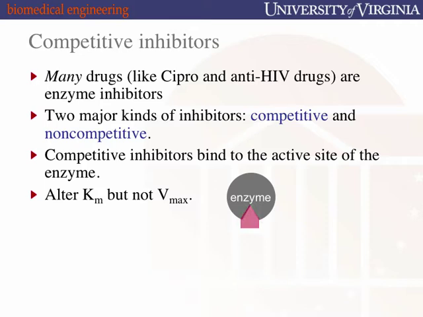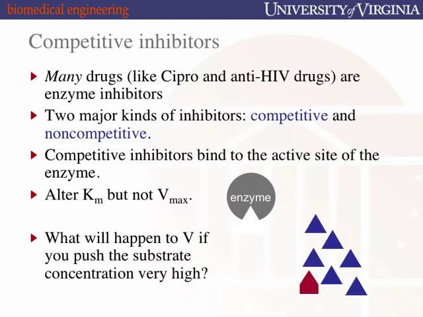All right. So one way to answer this as well is: what will happen to V, to the velocity of this reaction, if we push the substrate to very high concentrations? What will happen? Yep. What's that? It'll max out. What does that imply when I tell you that nothing happens to Vmax, right?